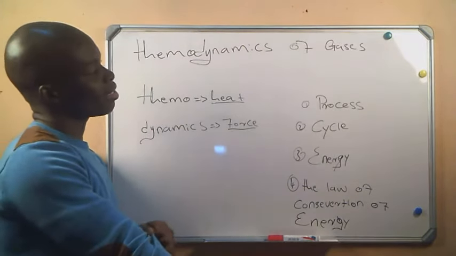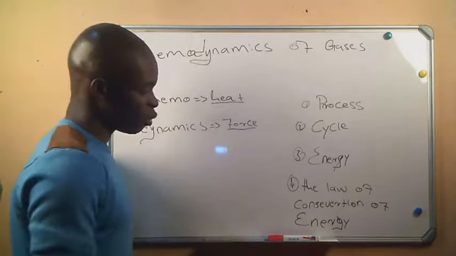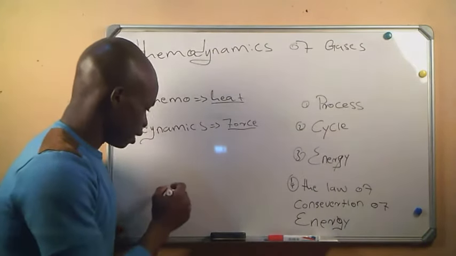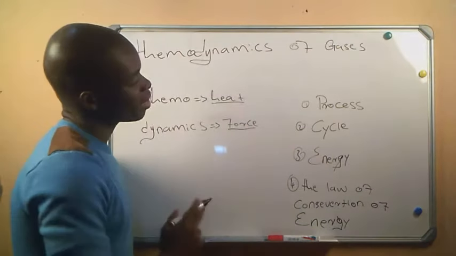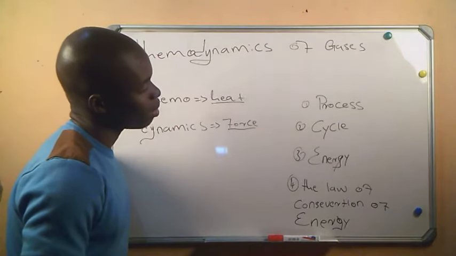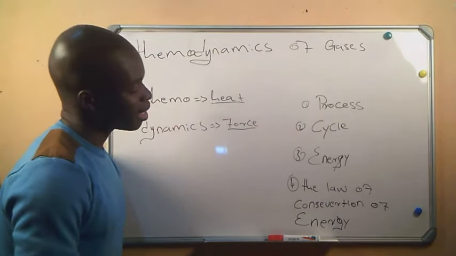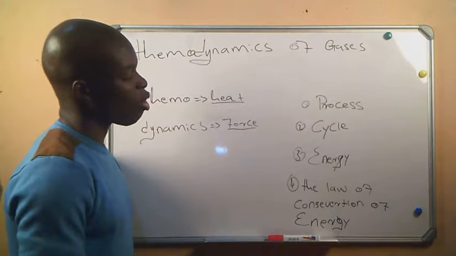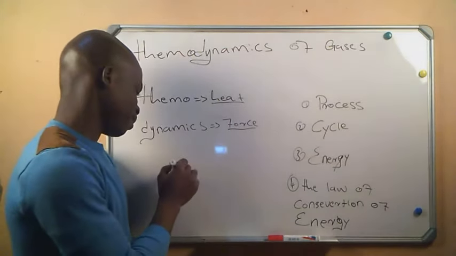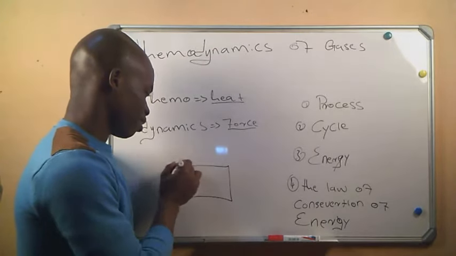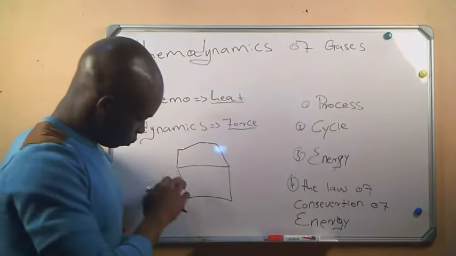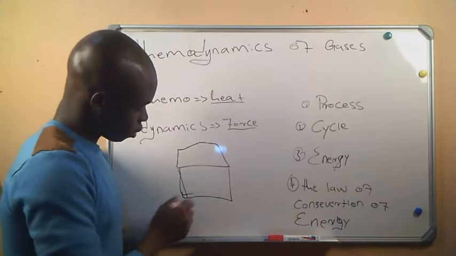And then there are certain terms that we must first look at before we proceed with our lesson. We have first process, and then our second one, number 2, is cycle, number 3, energy, number 4 is the law of conservation of energy. So think of it as a company that produces achar.